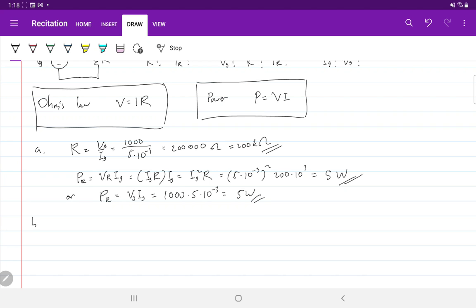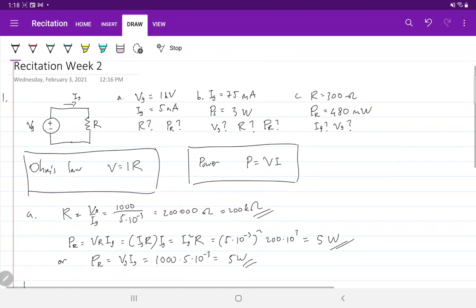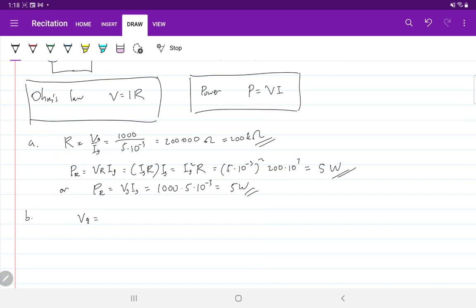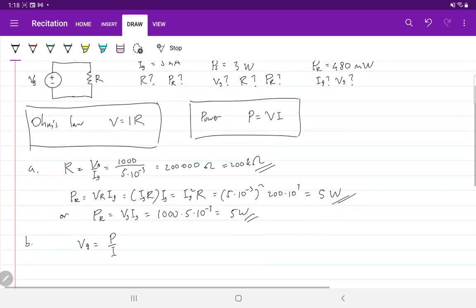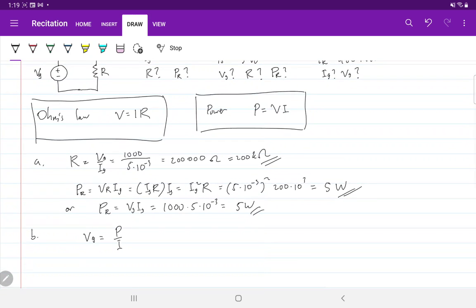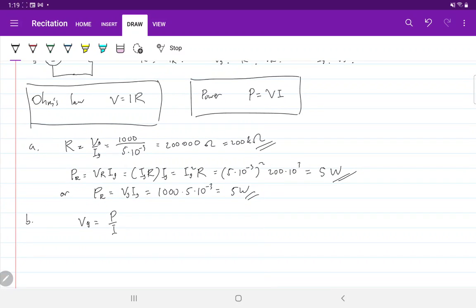Okay, the next set B, what is VG? So we will be using the equation for power. So VG is P over I, but since the power from the voltage source is delivering power, the sign will be negative. Okay, so that's the convention.